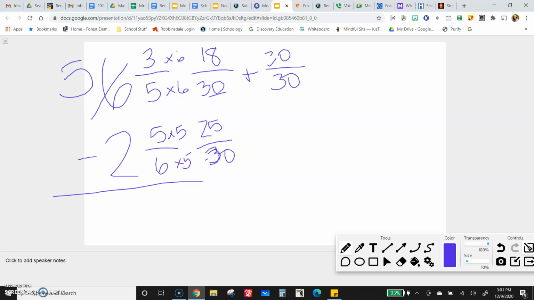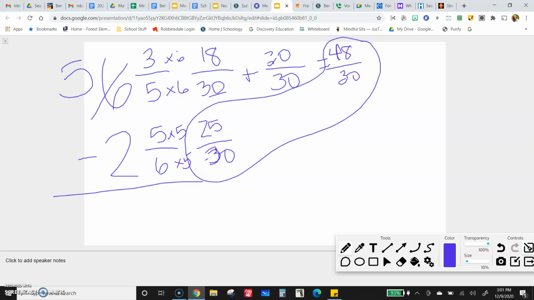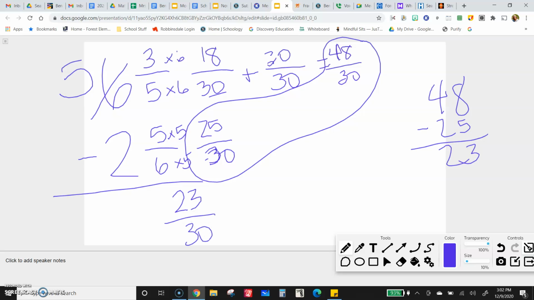Sevenths, 7/7, etc. So now I get 48 30ths minus 25 30ths. If I need to, I could go over here and do my subtraction. I get 23. So I have 23 30ths. 5 minus 2 is 3. There's my answer. It cannot be simplified.